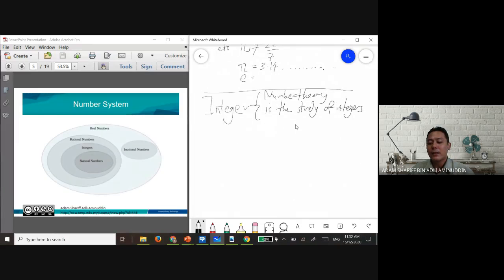Okay, so integers, my students already know, we already shown this a couple of times, is symbolized by this symbol, integer Z. And in integer, we have positive integer, we have negative integer, we have zero, which is neither positive nor negative integer.